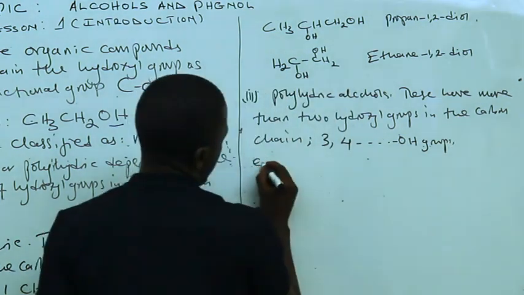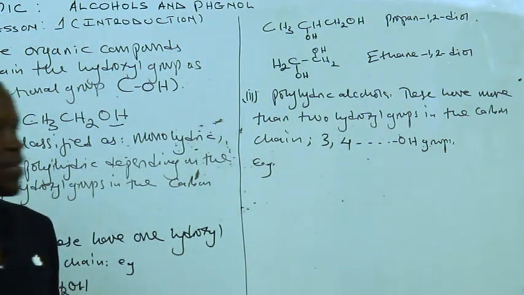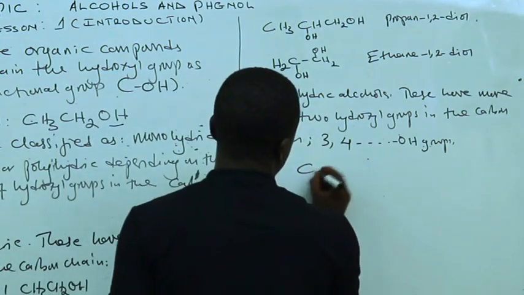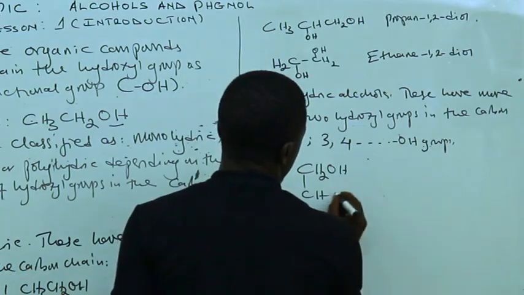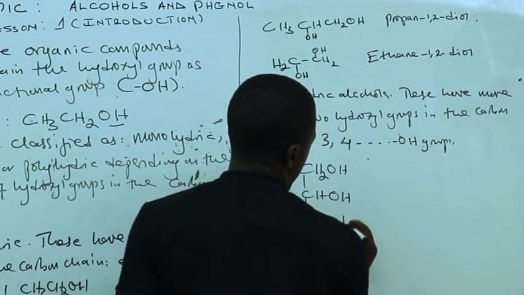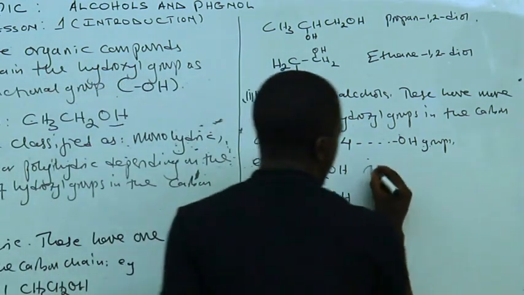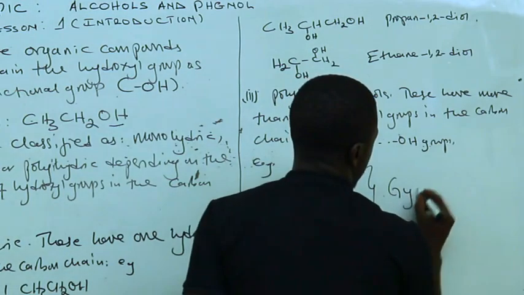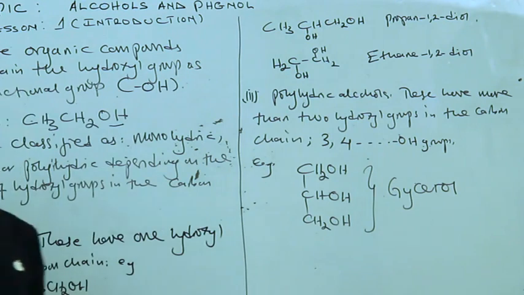Now, the common example here that we normally look at is glycerin. You have CH2OH, CHOH, CH2OH. This is commonly called glycerol.